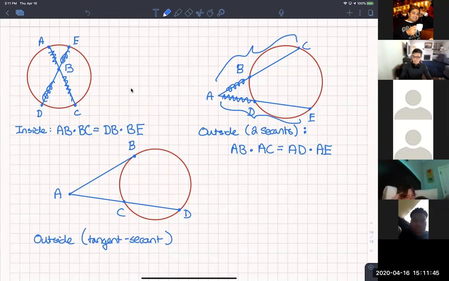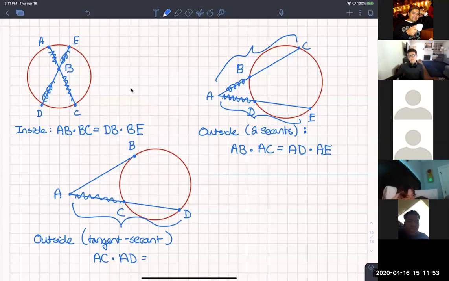And it is piece to the circle times the entire piece equals tangent squared, or tangent times tangent. So these are the three relationships that you need to know when it comes to line segments, right? So that may mean that you may have to memorize these as well.